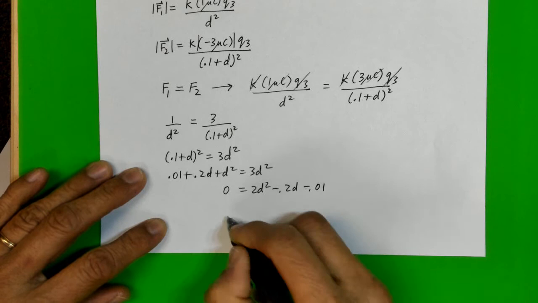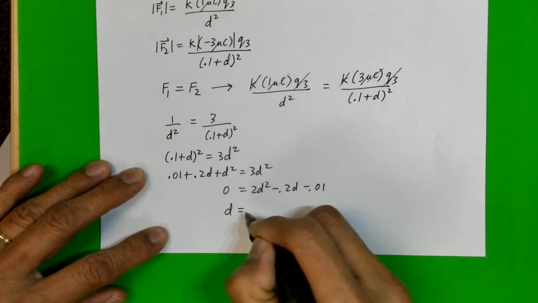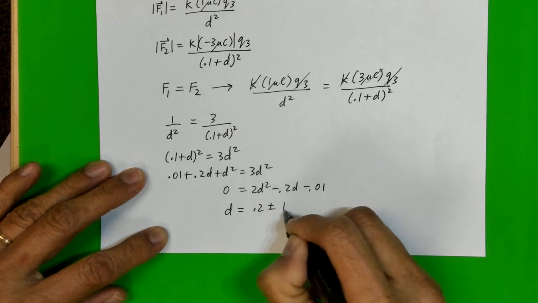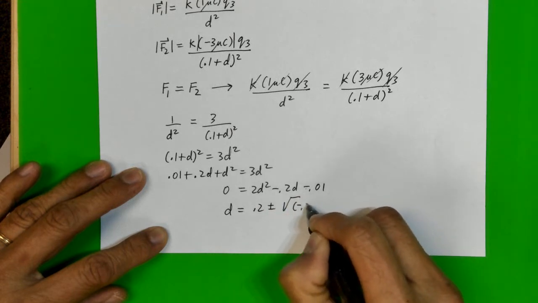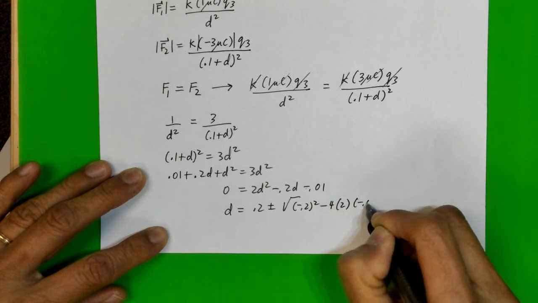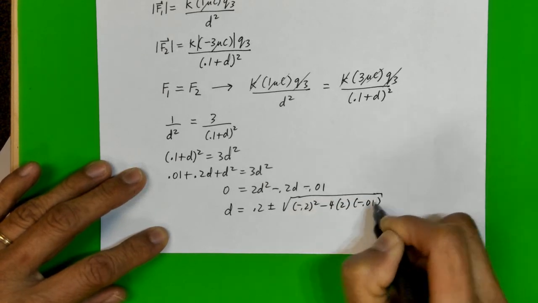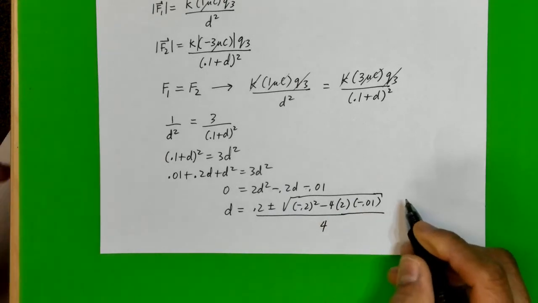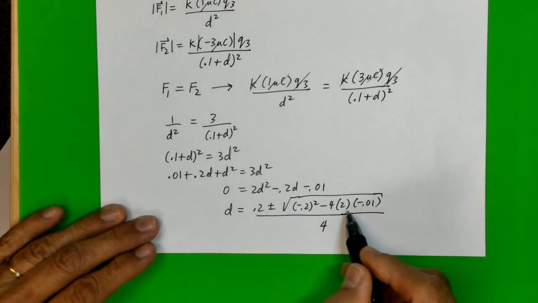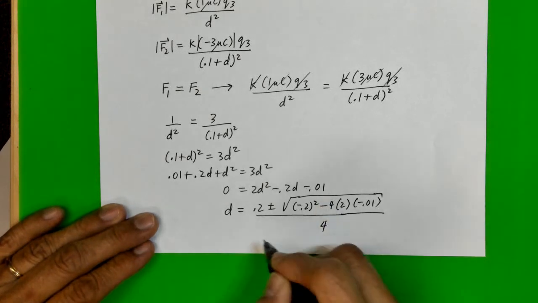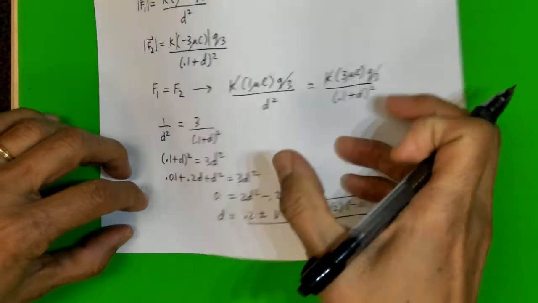Okay, and then you can solve for d using the quadratic formula, so it's negative b plus minus the square root of b squared minus 4ac all over 2a. And then you stick the quantity under the square root into your calculator.